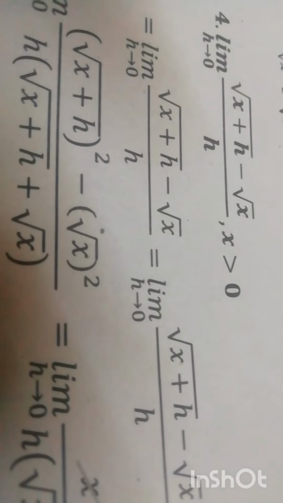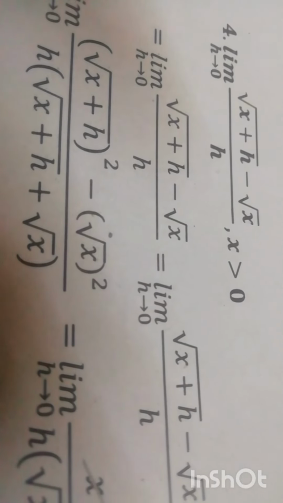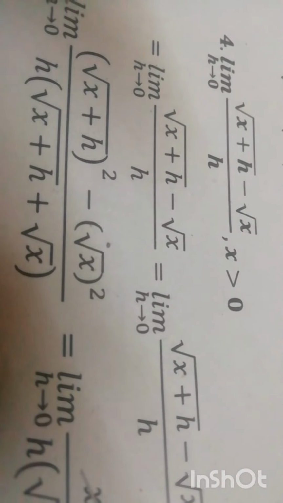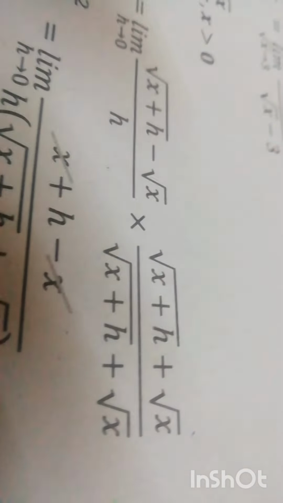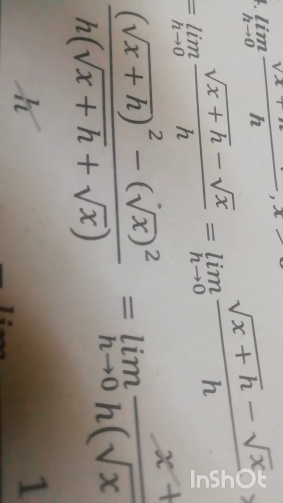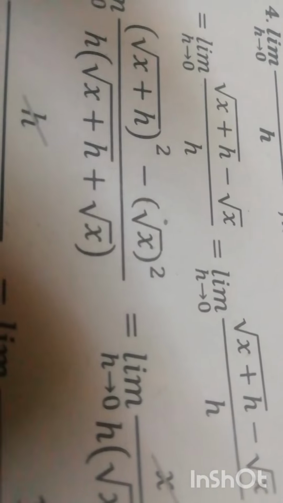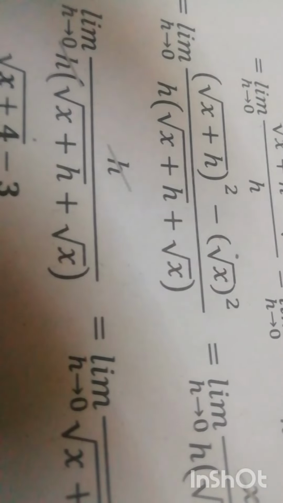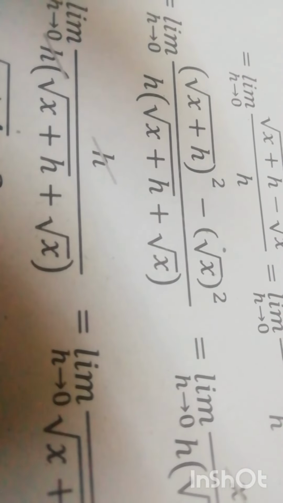First, the given expression is root x plus h minus root x. It is minus, so take the conjugate plus. So this is a plus b into a minus b, which can be written as a square minus b square. With the square, the roots cancel, so x minus x is cancelled, leaving h by h into root of x plus h plus root x. So h cancels, giving 1 by this.